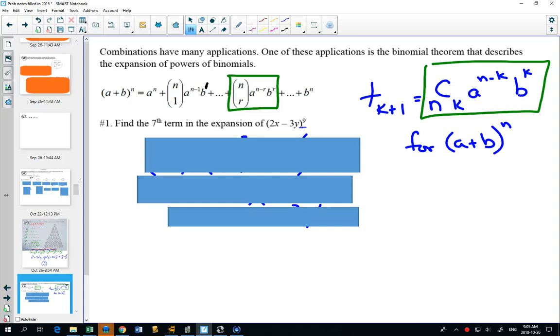On the IB formula, it's not there, the k plus 1, but it's kind of built in because this is your term 1. This is your term 2, where this is 1 less. And so you would know that this would be term r plus 1 because there's an r underneath and that number is 1 less. But it's a little bit hidden in there, that k plus 1 idea that was on your formula sheet from grade 12.